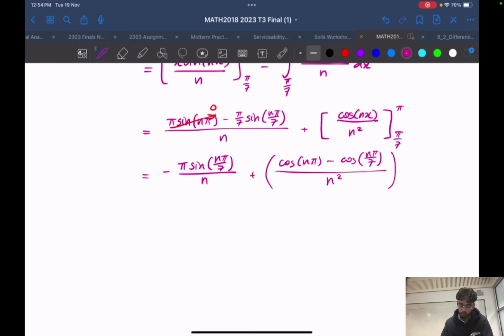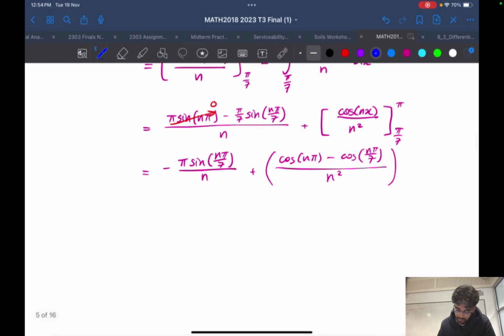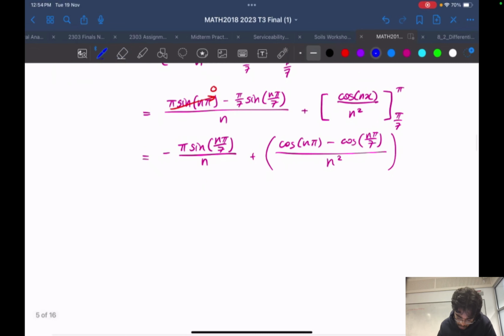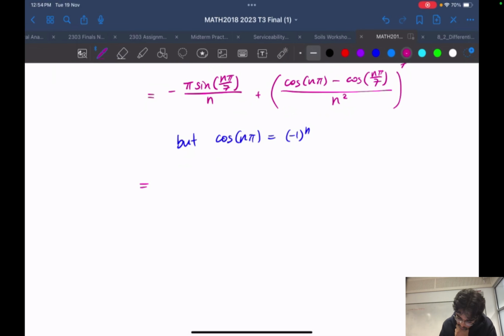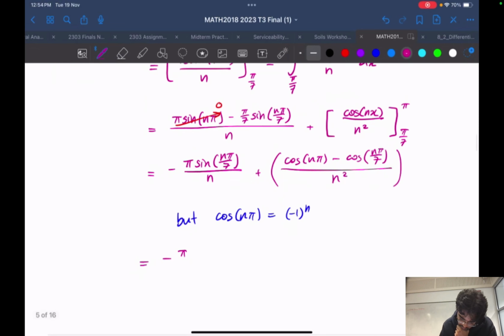Okay. Now, we can actually simplify this down. Cos of n pi is equal to minus 1 to the power of n. This is something that was covered in the lectures. So I'm just going to simplify this down and make it into minus pi. I'm missing something, there should be a 7 here.